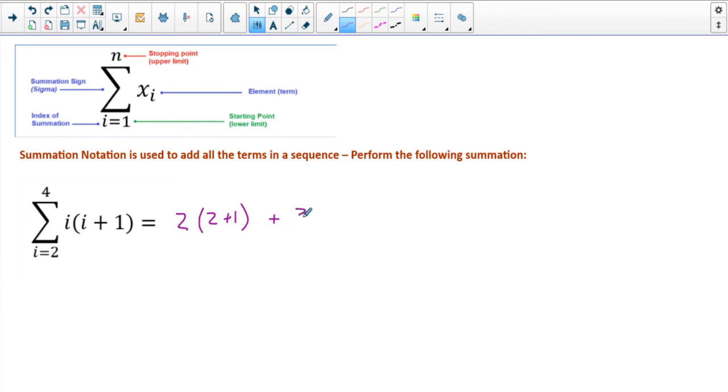That's going to be 3 times 3 plus 1. All right, and then just stopping at 4, the upper limit, is going to be 4 times 4 plus 1. All right, so let's go ahead and just PEMDAS through this. This would be 2 times 3 plus 3 times 4 plus 4 times 5.